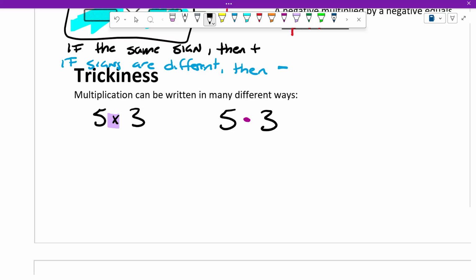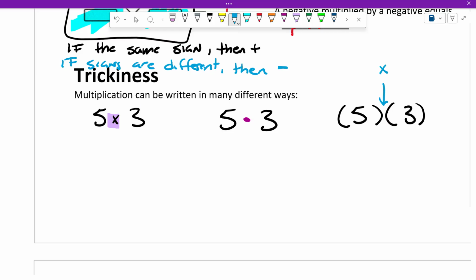When there are 2 brackets touching, so if you have, say, something like 5 touching a 3 like this, there is an invisible times in between there. So if you see 2 numbers touching, the math operation between them that you can't see is an invisible times.